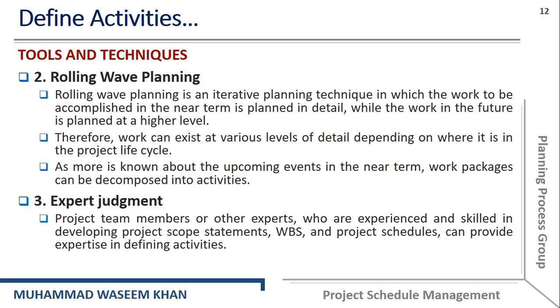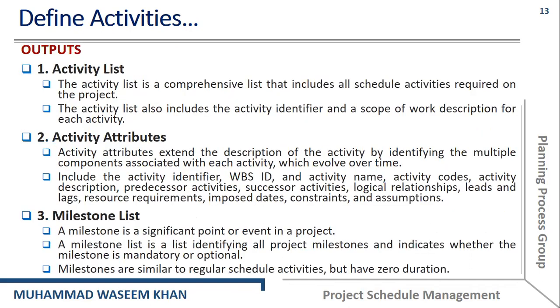Now let's talk about the outputs. Outputs include the activity list. When you define the activities that are needed to be performed in order to complete the project, you will have to list those activities.